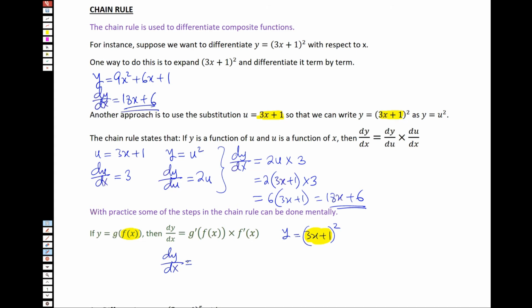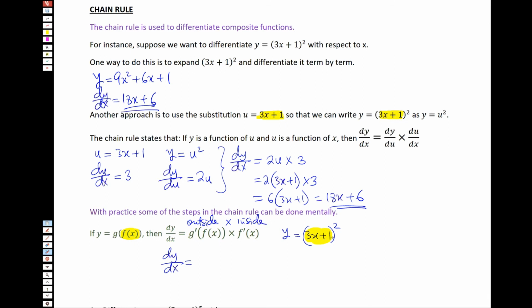So the inside, which is 3x plus 1, we assume it's just a variable, like in the previous case, where we assumed that was u. So we differentiate the outside, and then the inside.